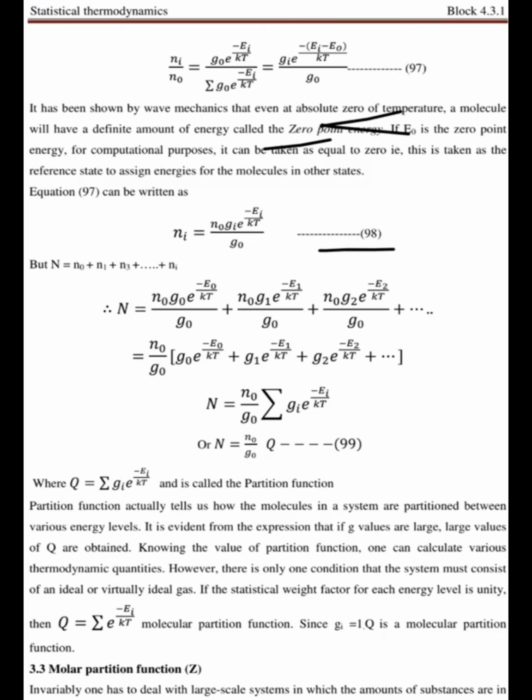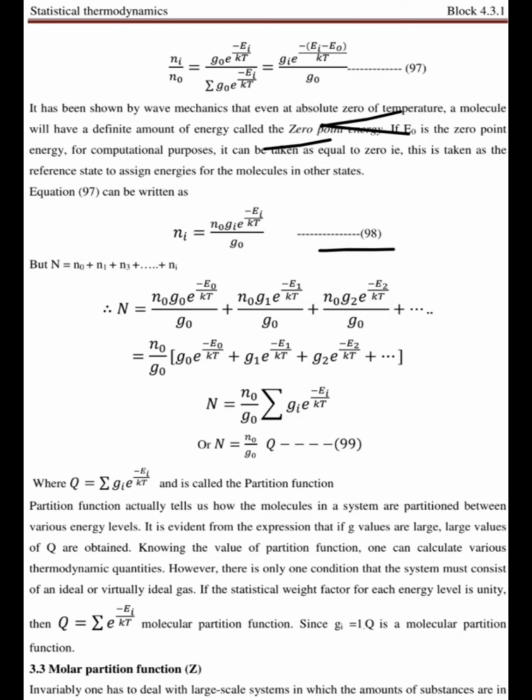Here, the partition function actually tells us how the molecules in a system are partitioned between various energy levels. The partition function tells us how the molecules are partitioned between different energy levels.